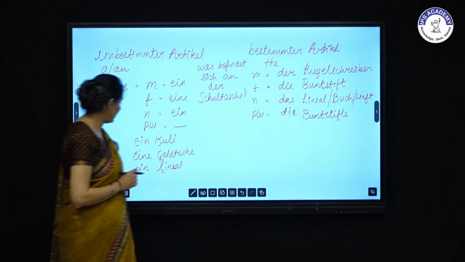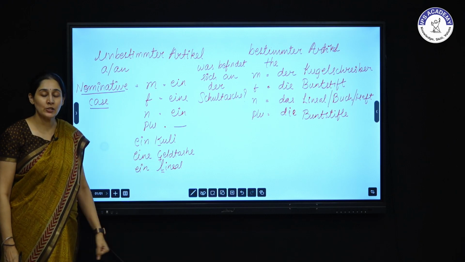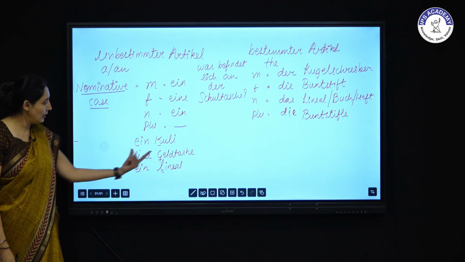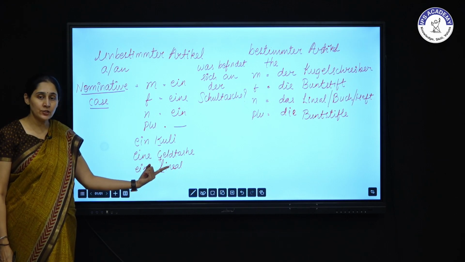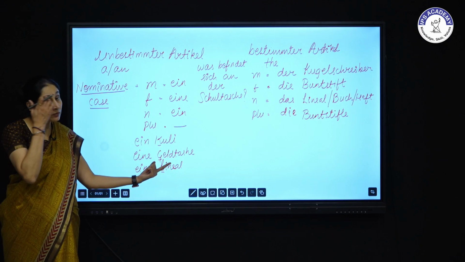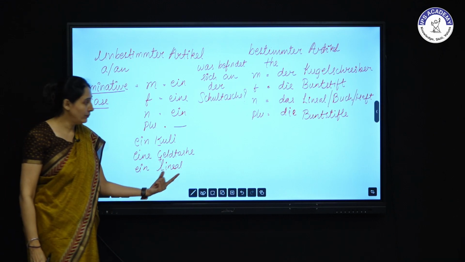So we are having some words related to it, with the bestimmter and unbestimmter article. Ein Kuli, pen. Eine Geldtasche, that is wallet. Ein Lineal, a ruler.